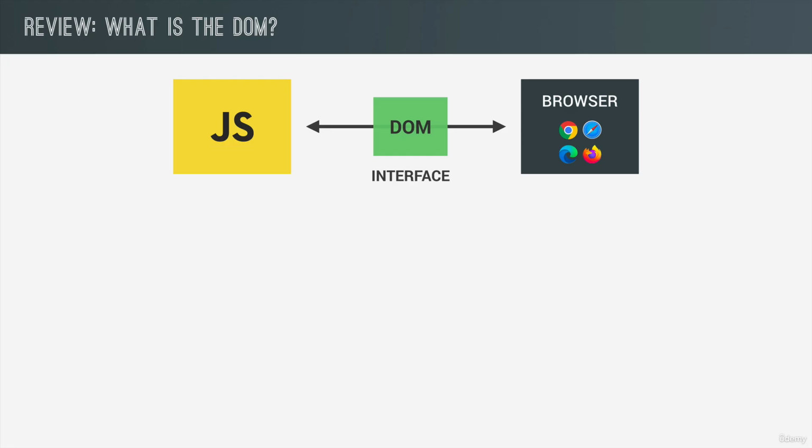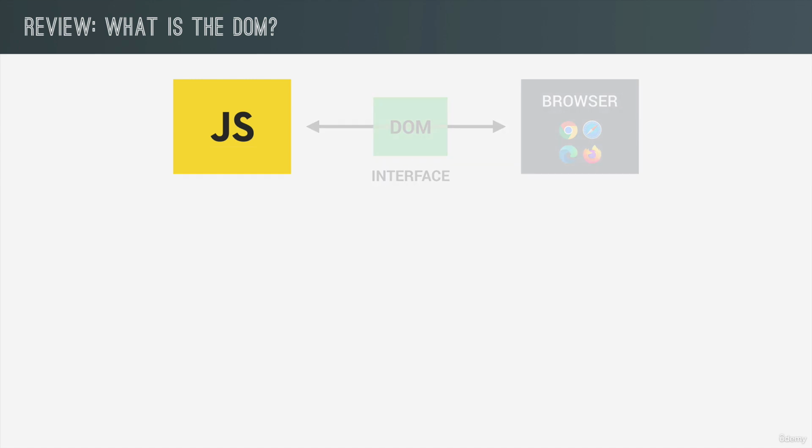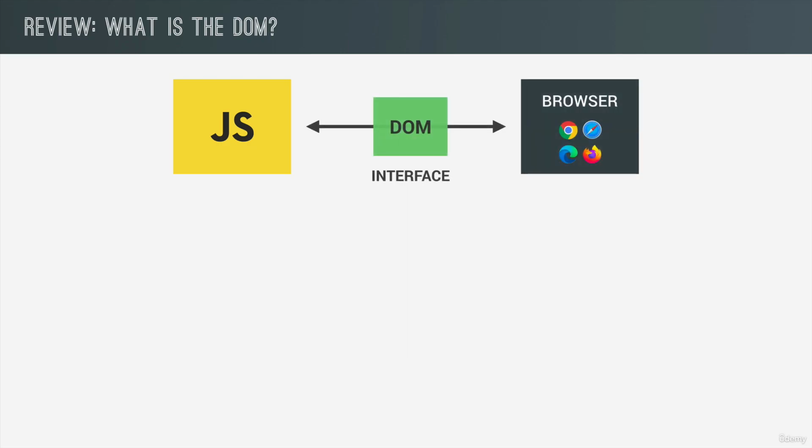Now, we have written a ton of JavaScript code in this course so far, but many times completely without interacting with the browser, so without using the DOM, right? But now we're back to working with web pages, and therefore with the DOM. And this time we're gonna learn as much as possible about the DOM and how to create amazing dynamic effects.